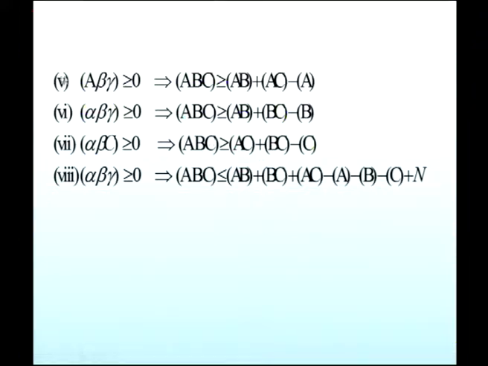That is, A beta gamma is greater than or equal to 0 implies ABC is greater than or equal to AB plus AC minus A, and alpha beta gamma is greater than or equal to 0 implies ABC is greater than or equal to AB plus BC minus B. And similarly, alpha beta C is greater than or equal to 0 gives ABC is greater than or equal to AC plus BC minus C. Then alpha beta gamma is greater than or equal to 0 can also be written as ABC is less than or equal to AB plus BC plus AC minus A minus B minus C plus n.